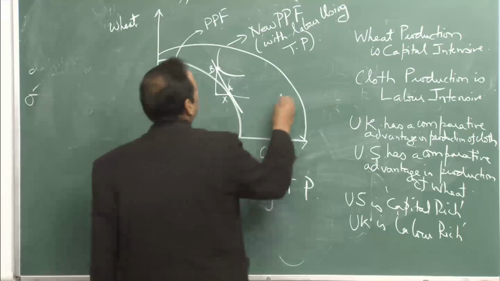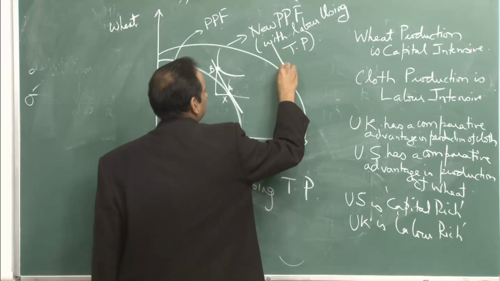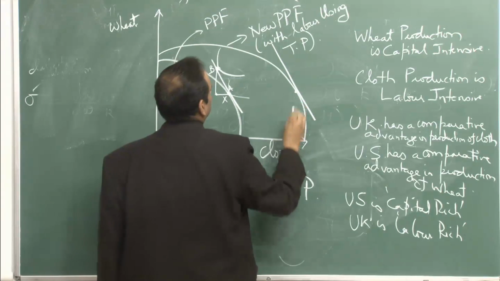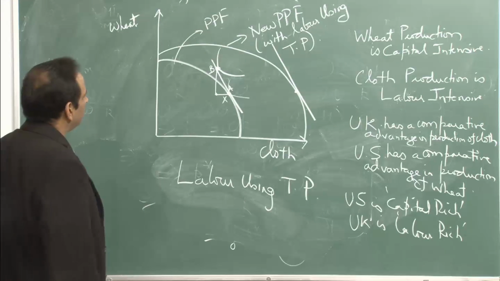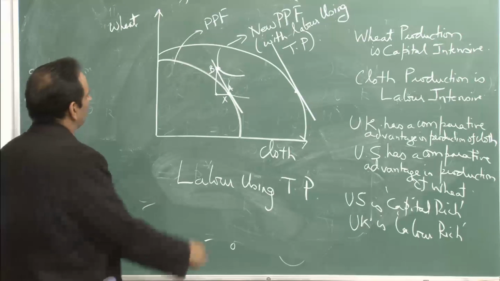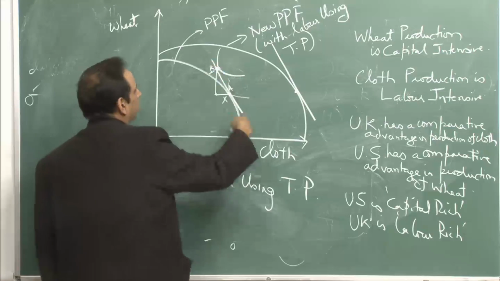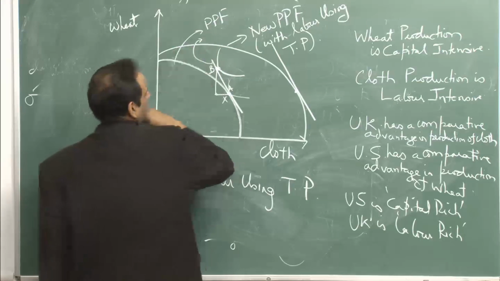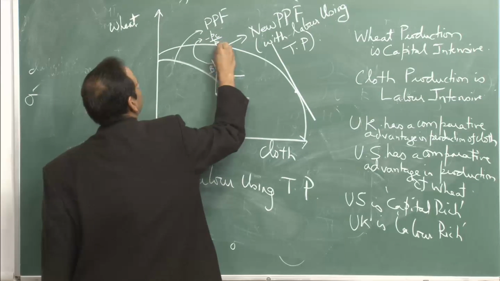Now see how prices get affected. If you had assumed the same relative prices, the slope is minus price of cloth by price of wheat.